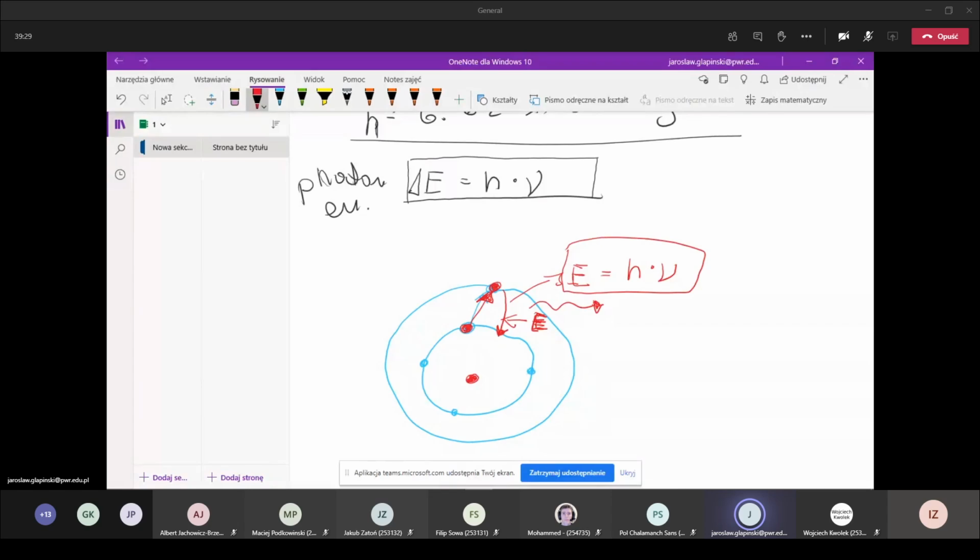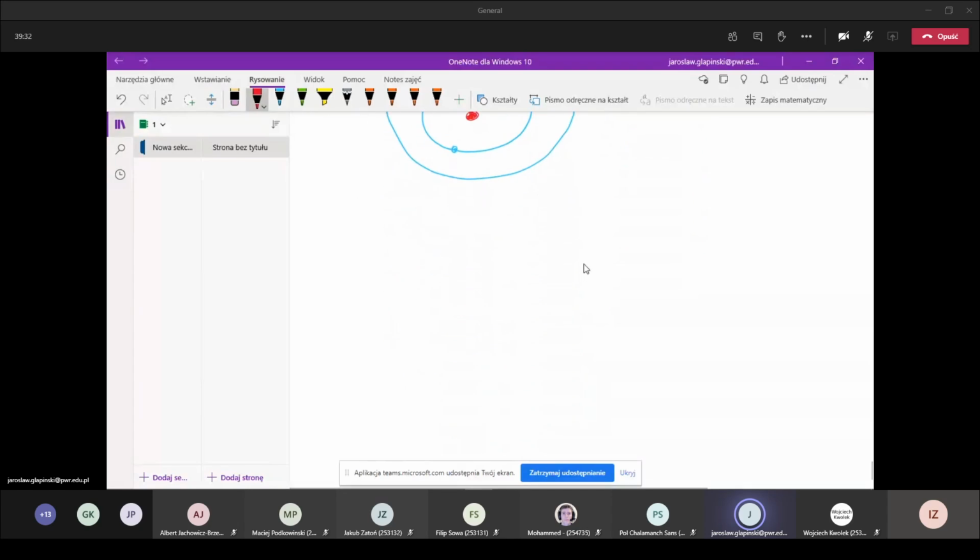If so, we've got two physical behaviors. One is moving the electrons to the upper position. We can say this is absorption.